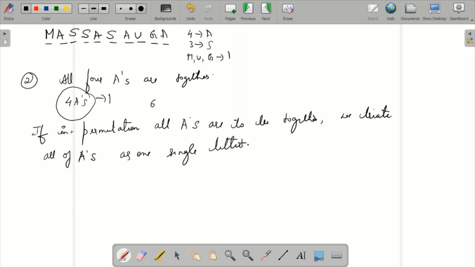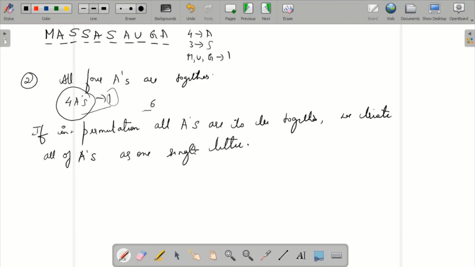Then the letters to be permuted are counted as follows. This block is together, so it is taken as 1. Remaining, there were 10 letters; if 4 A's are taken together, then the remaining is 6.